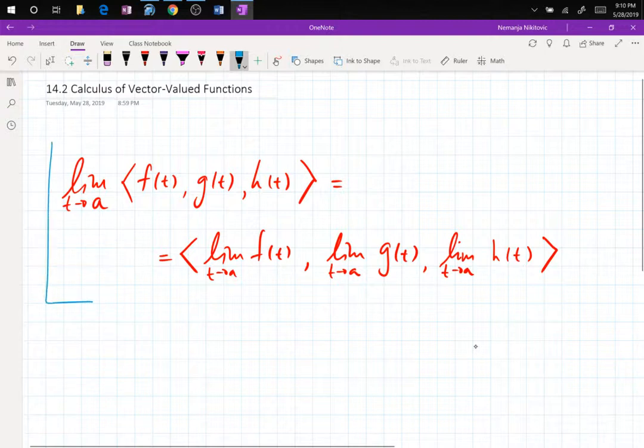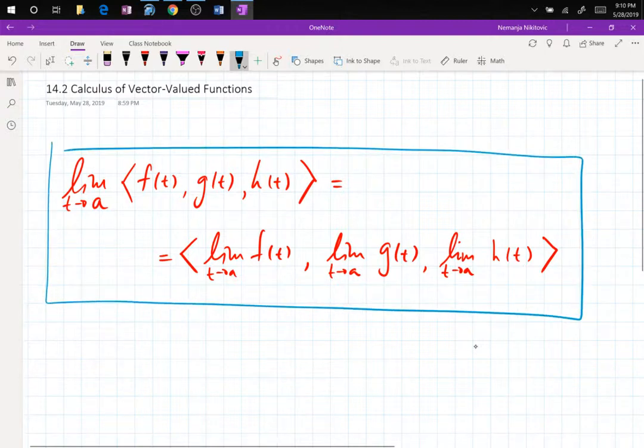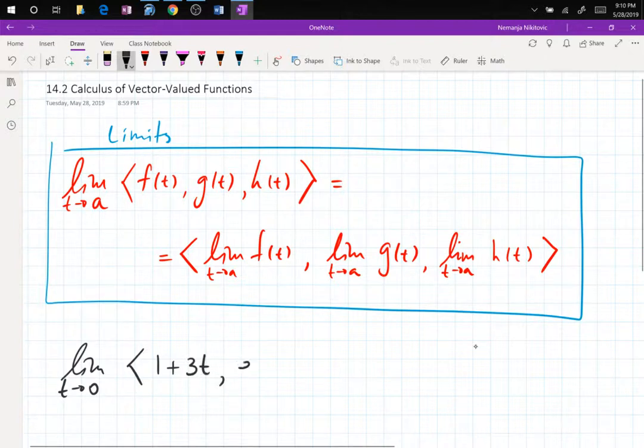And that would be limits. So, limit as t goes to 0 of 1 plus 3t, e to the t, 1 over square root of t plus 1 is 1, 1, 1.